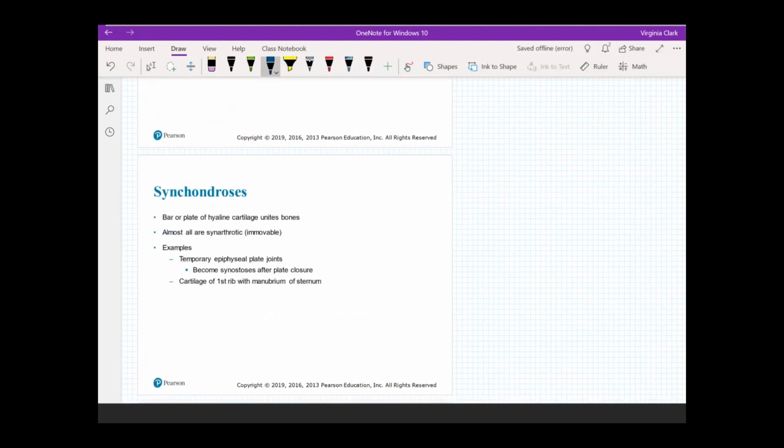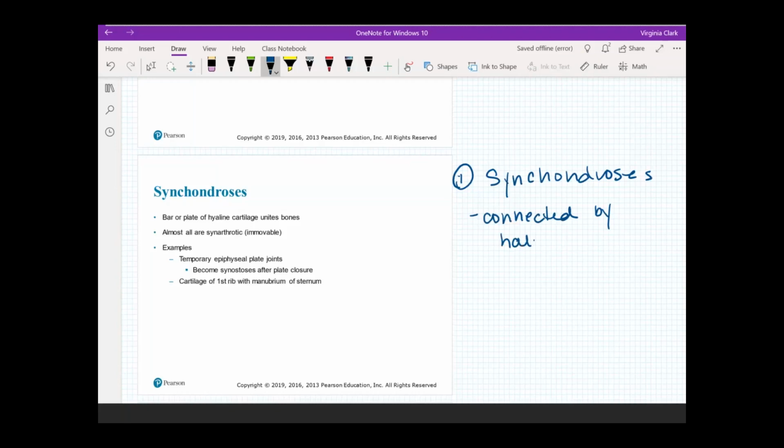Synchondrosis. So with our first type of cartilaginous, with our synchondrosis, what we're actually talking about is that it's connected by hyaline cartilage. So that's the type of cartilage that will be connecting these particular bones of this joint.